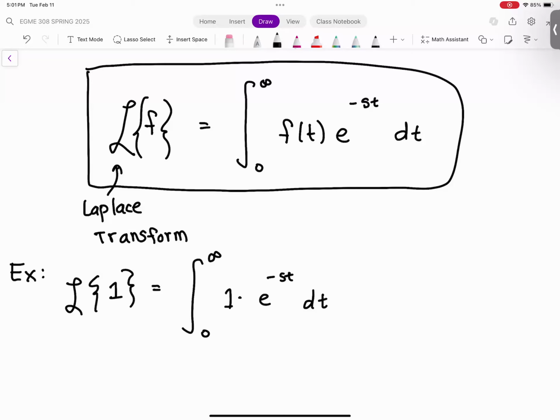So this is pretty straightforward. We just have an exponential function here. And so if we take the integral of this, we have integral of e to the minus st. So that's minus 1 over s, e to the minus st, evaluated from 0 to infinity.